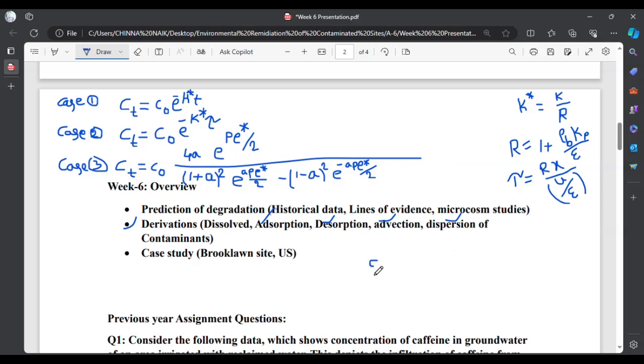Again here A represents 4k tau, or else we can say it is the square root of 4k tau.